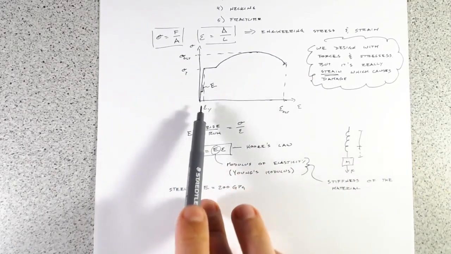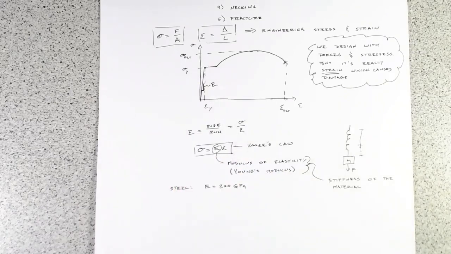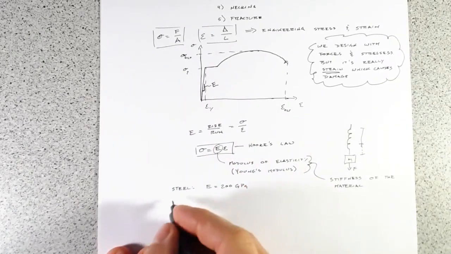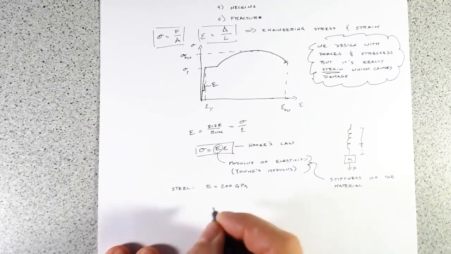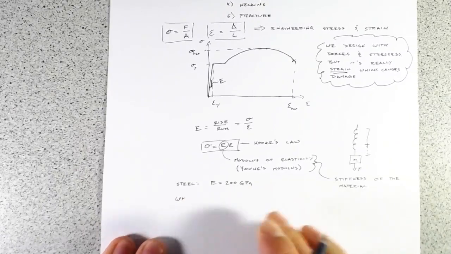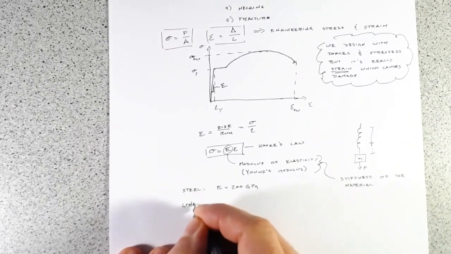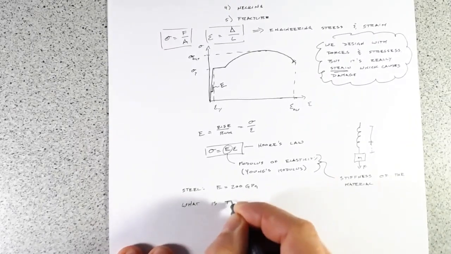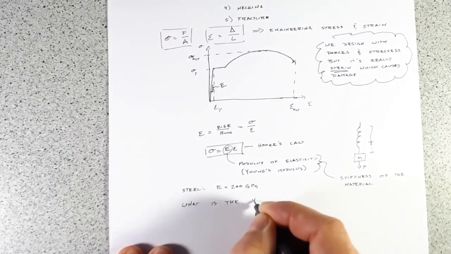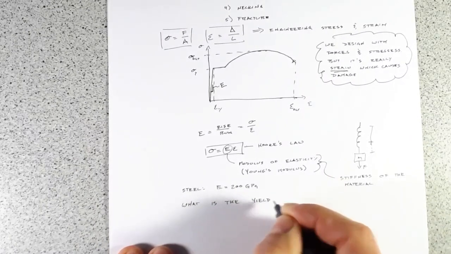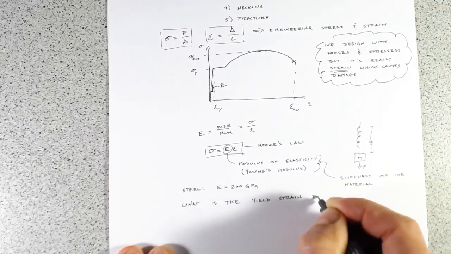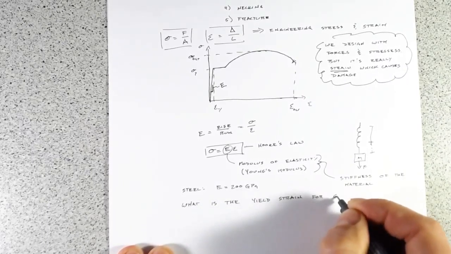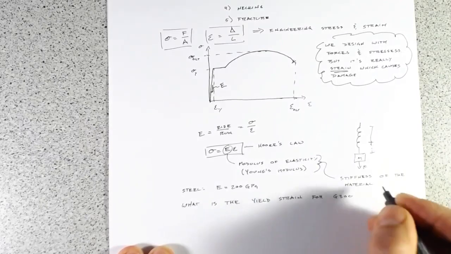Well, at what strain do we start plastically deforming the material? So we can work that out. So what is the yield strain for grade 300 steel?